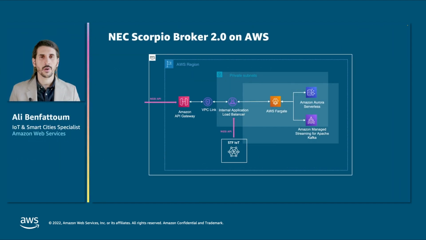Here is an example, among others, of how to leverage serverless services on AWS for automatic scaling, built-in high availability, and a pay-for-use billing model to increase agility and optimize cost.